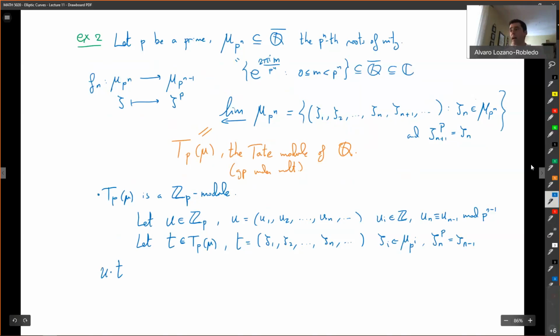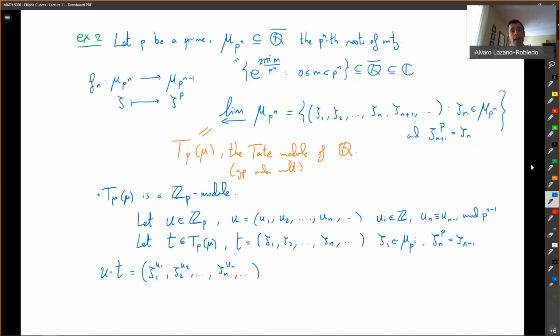How does Z_p act on that? Well, it's just going to send, I'm going to raise each root of unity to the power of U. So it's going to be ζ_1 to the U_1, ζ_2 to the U_2, ..., ζ_n to the U_n.